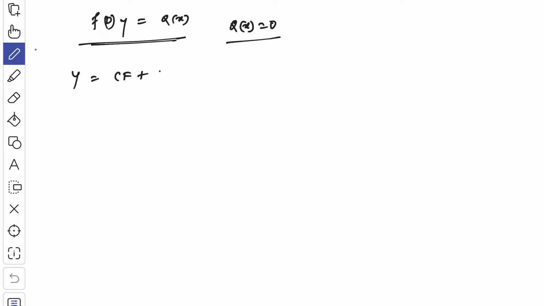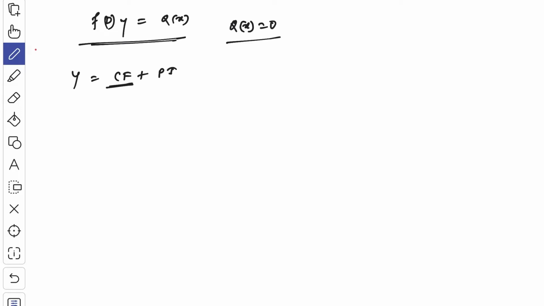In the last lecture number 6, we have already solved this kind of equation, f(D) y is equal to Q(x), when Q(x) is equal to 0. The solution of this form of equation is given by y is equal to CF plus PI, and we have already discussed how to find CF.